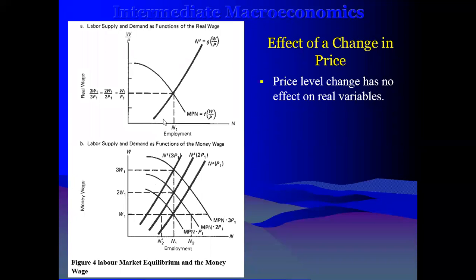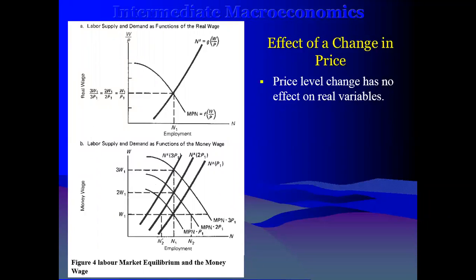I'm taking it again. We want to look at the effect of a change in price on the labor market. We said that labor demand could be a function of real wage or nominal wage. So for the first diagram that we have here, we are using real wage, and this one is the nominal wage. We'll talk about this one later. For the real wage, now there's an increase in price.